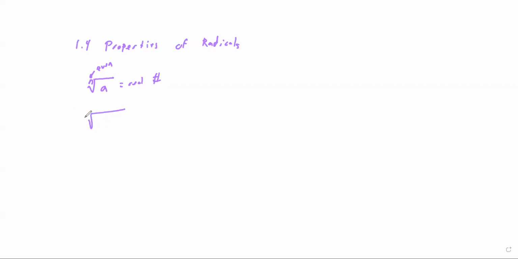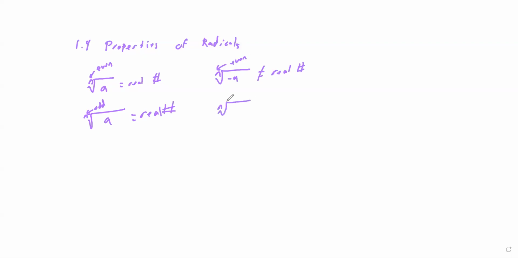If you have a radical and the nth is odd and it's positive, you'll get a real number. So you get a real number regardless if a is positive. But if it is negative and this is an even index, this will not be a real number, not possible.